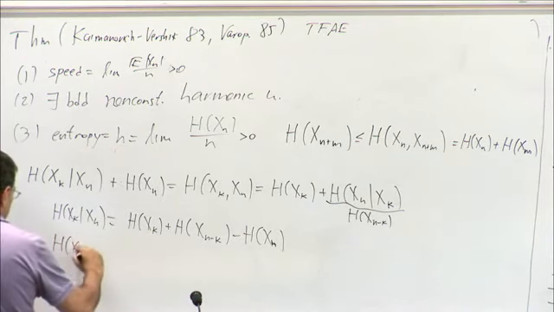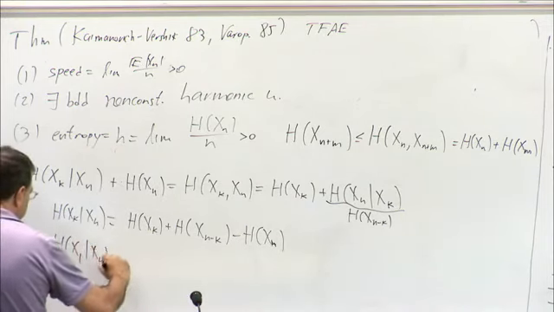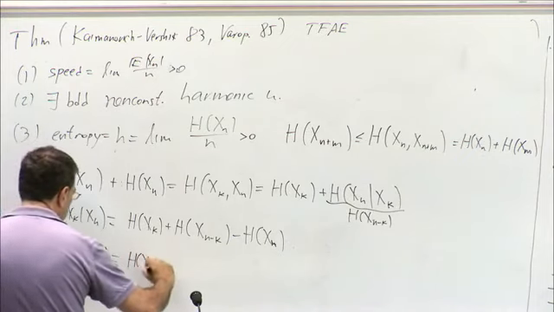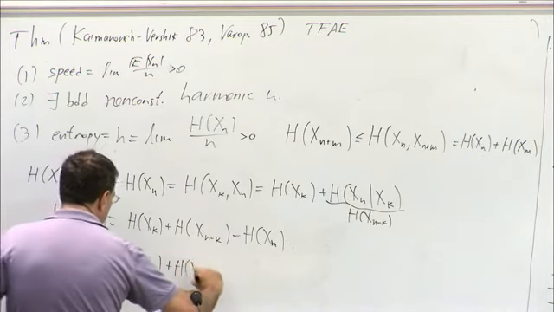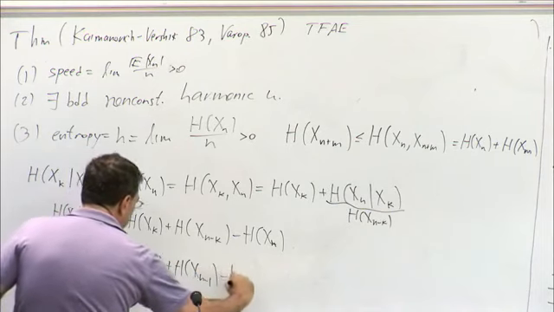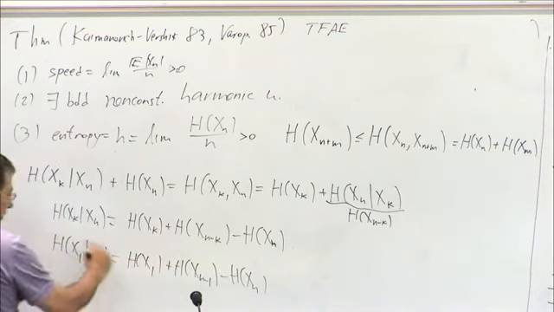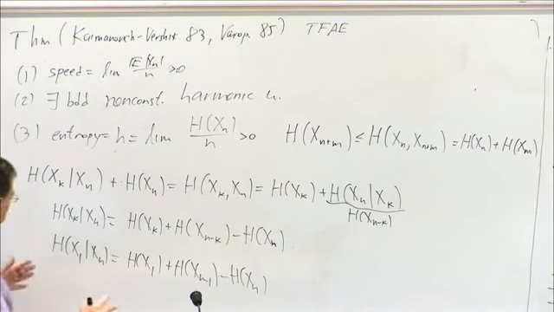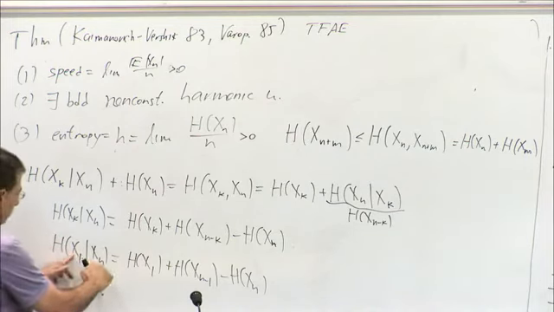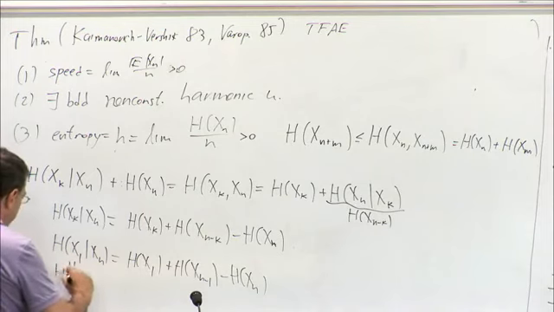And just for the case of 1, I want to emphasize this. So this is h of x1 plus h of xn minus 1 minus h of xn. Now this is decreasing, because when we have a Markov chain, the entropy of x1 given xn is the same as the entropy of x1.